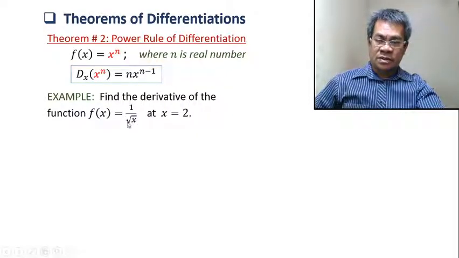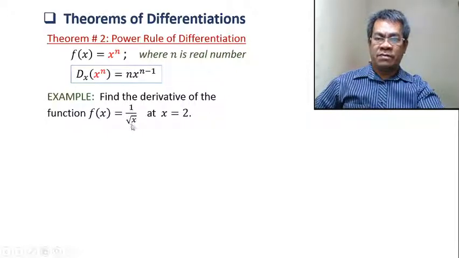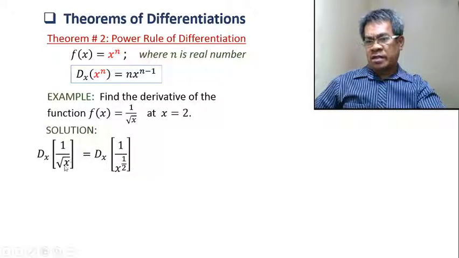Okay, so a radical can be expressed in terms of an exponent. So this will become 1 over x raised to 1/2. Okay, so for our solution, this is the derivative of the function, and the function is this one. But this one can be transformed from radical form to exponential form.